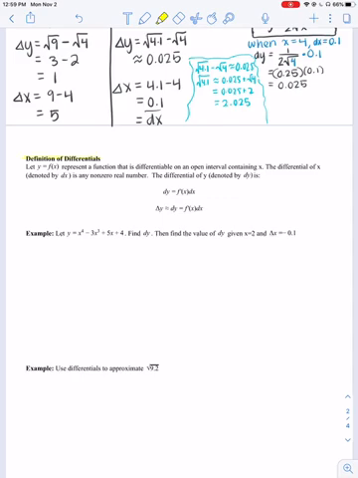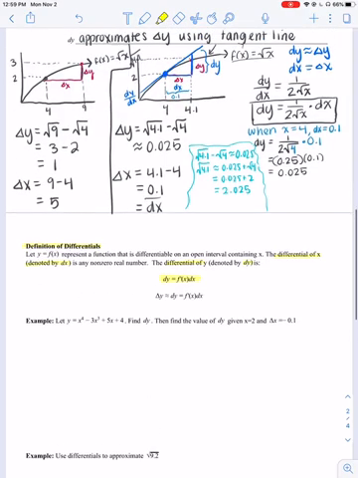Okay, so here's the actual definition of differentials. If you have your function y equals f of x, and it is differentiable on an open interval containing an x value, then the differential of x is dx, and the differential of y is dy, represented like this.